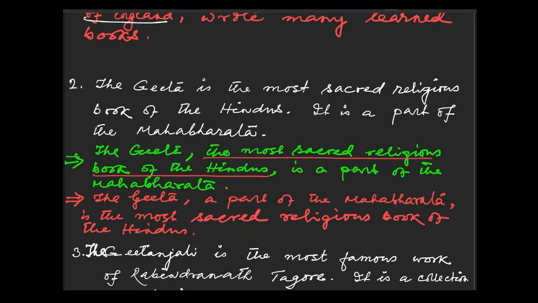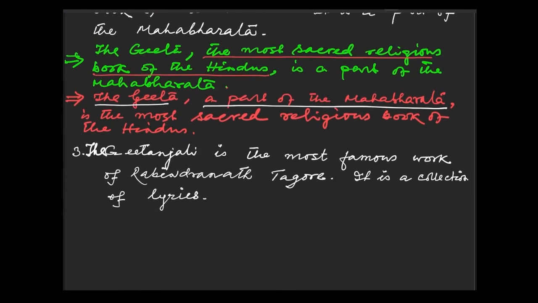This part, a part of the Mahabharata, is here noun in apposition. It is also a noun. Okay. Now the last one.